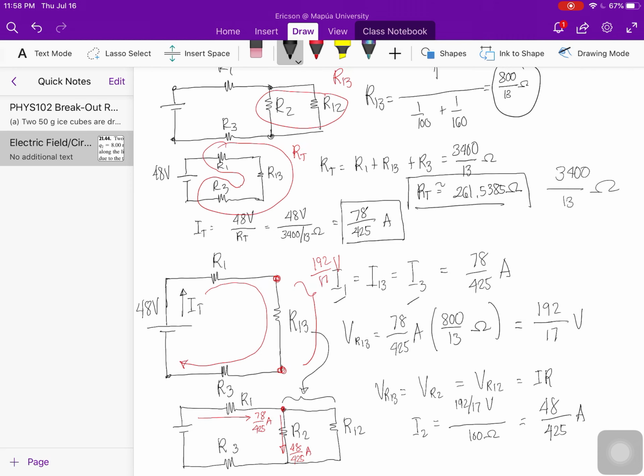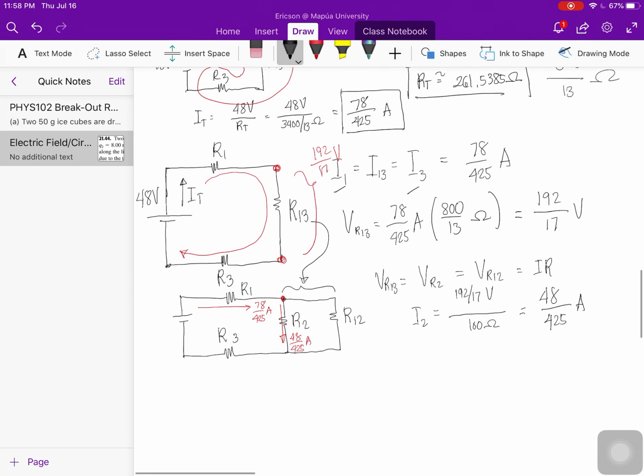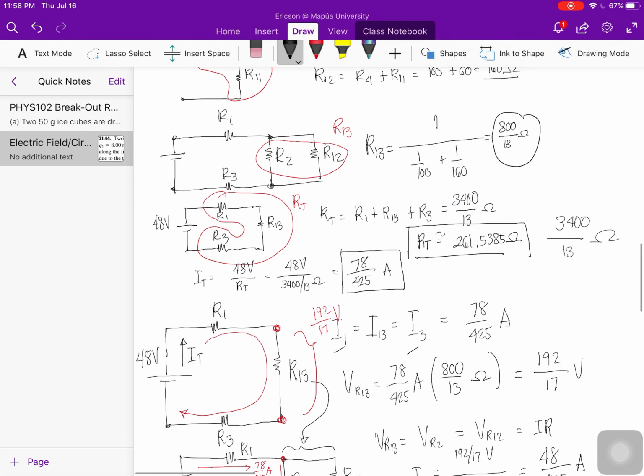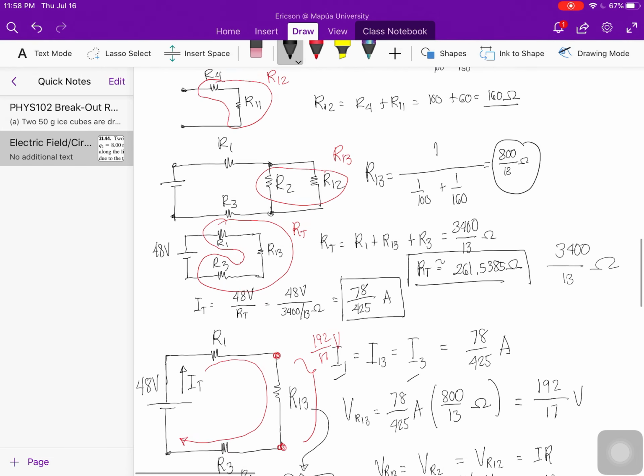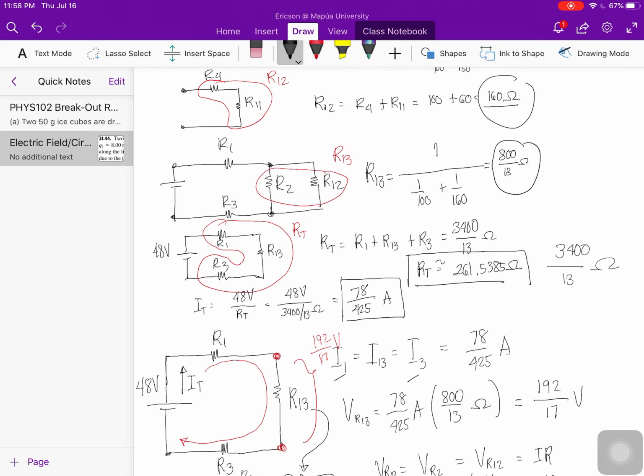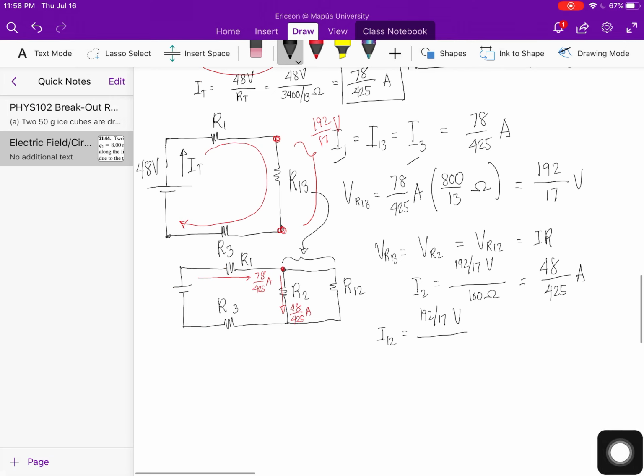Okay? So, on our current on R12, that's I12 equals what? Voltage on R12 is the same, again, kasi nakaparallel, divided by R12. Ano yung R12 natin? R12 is 160 ohms.